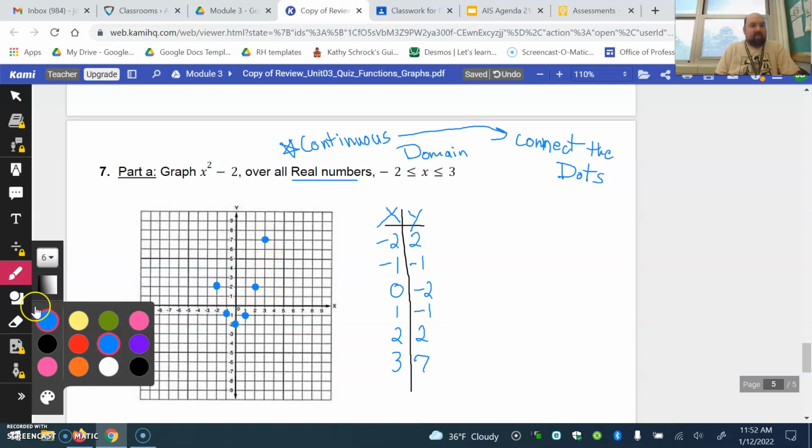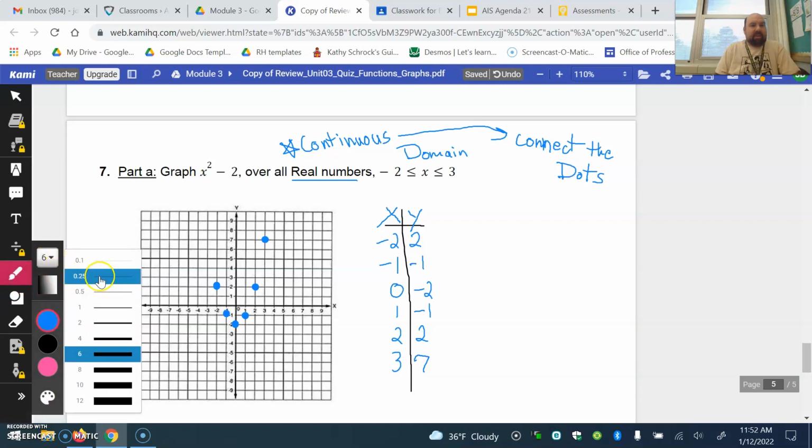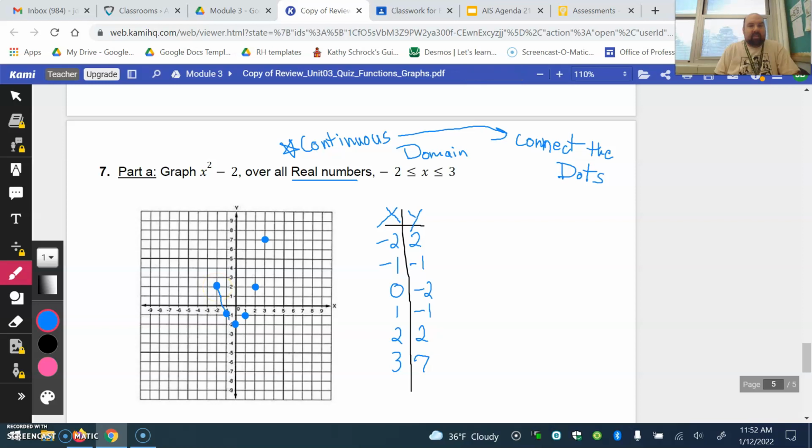Okay, so we have our points, and let's see if I can do this without messing it up on the first try. I'm going to connect the dots, because it's continuous, and I want to count the points in between, because real numbers are fractions and decimals. All these points in between, I don't have to calculate or find them.